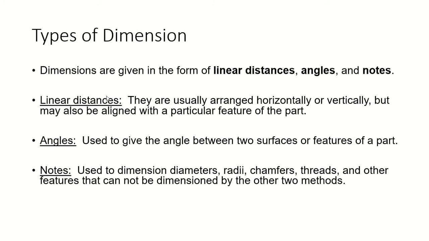So you have your method 1 here, method 2 there. You dimension everything that you can for horizontal and vertical with your linear distances dimensioning method. You go on dimensioning all the angles with your angle dimensioning method. The rest of them you're going to dimension with your notes method.